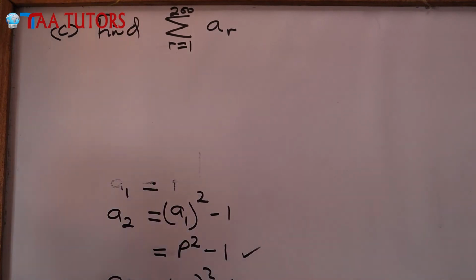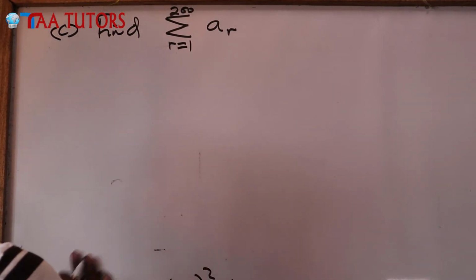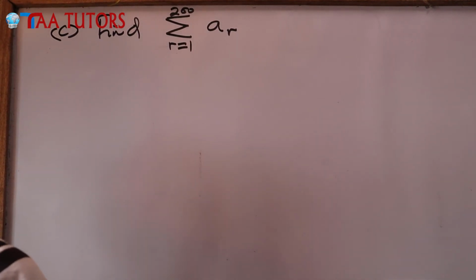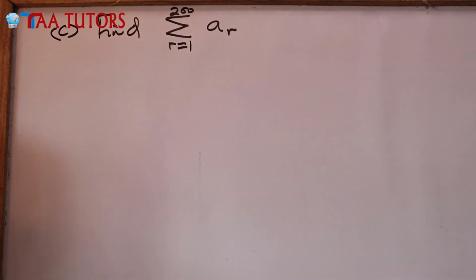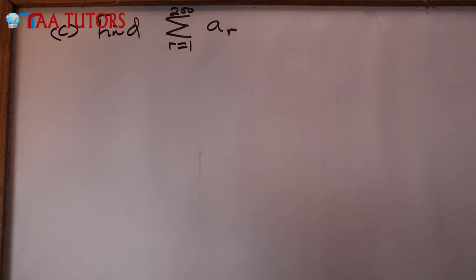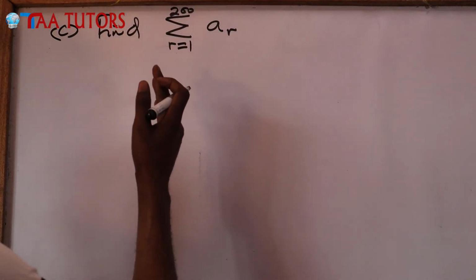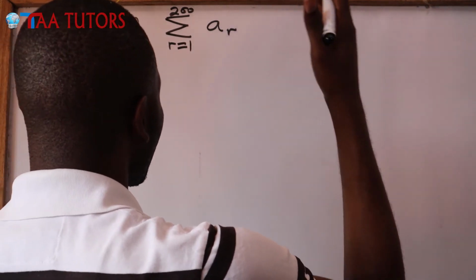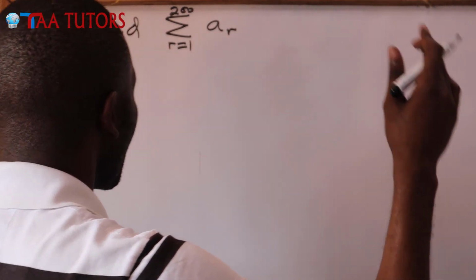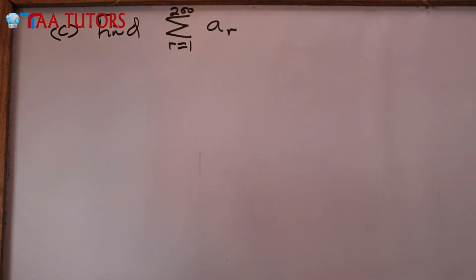So we want the summation of A1 plus A2 plus A3 plus A4 plus A5 plus A6 and so on until A200.